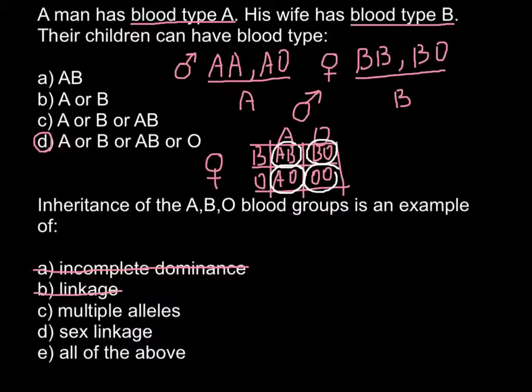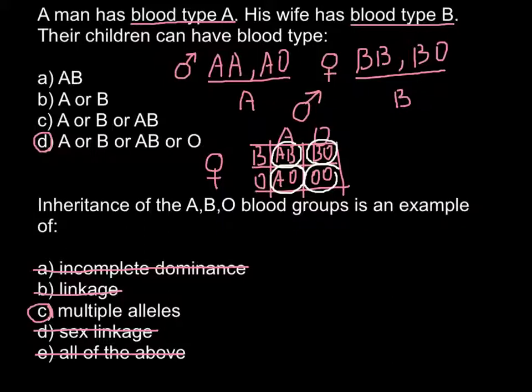Sex linkage we have when the pattern of inheritance is sex dependent, and the ABO blood group system doesn't depend on the gender of the progeny, so it's independently inherited, so we have to cross out this answer also. And answer E, all of the above, also wouldn't be the correct answer, so we are left with only one answer, that is C, and this is the correct answer.